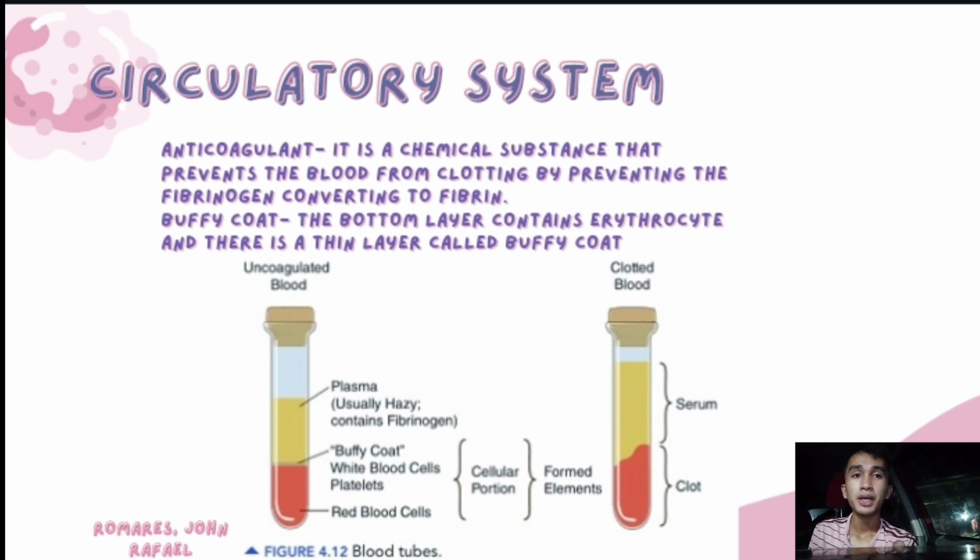We can see in the pictures that these are blood tubes. From the right side, it is clotted blood. From the left side is uncoagulated blood.